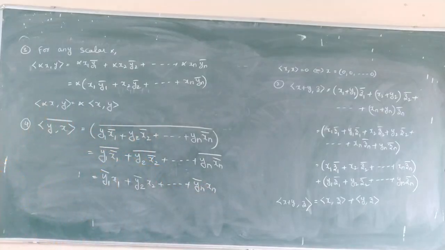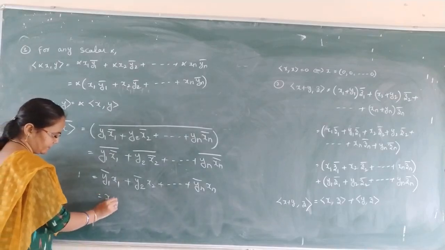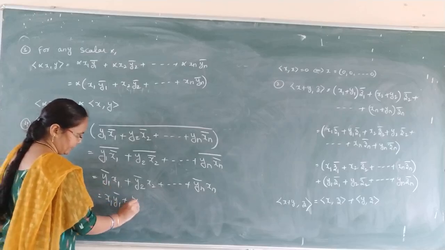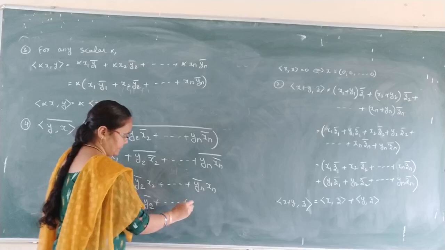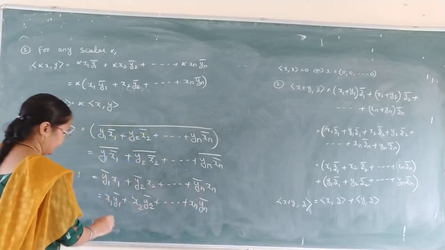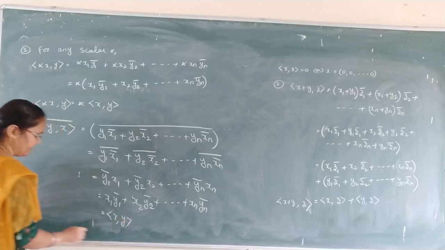Now write it in reverse: x1 y1 bar, since a into b is b into a, so x2 y2 bar plus so on plus xn yn bar. Then this entire thing gives the inner product of x comma y.